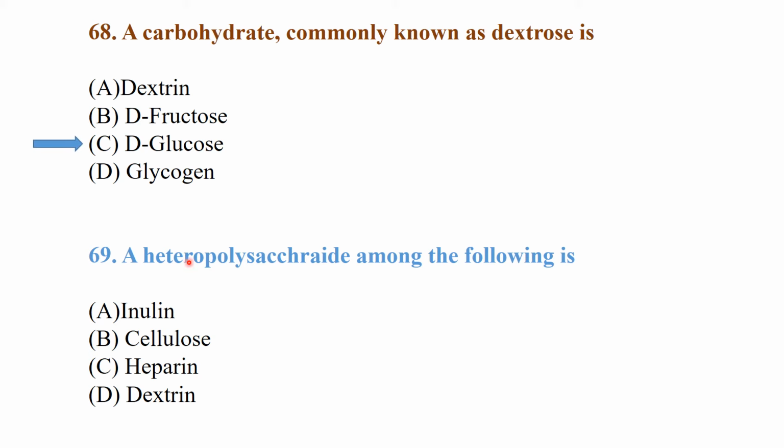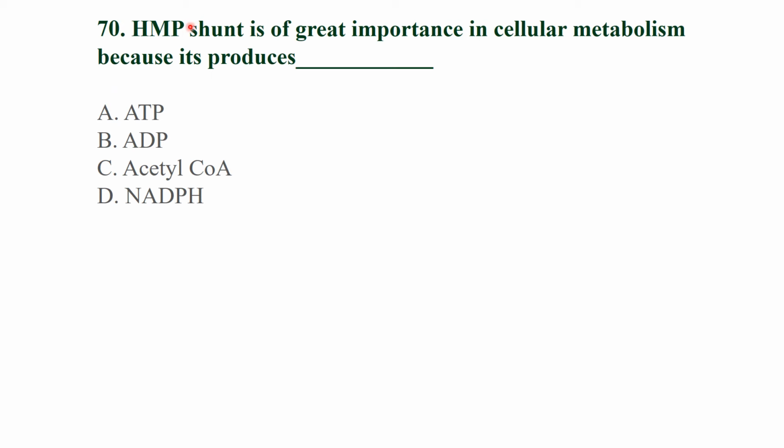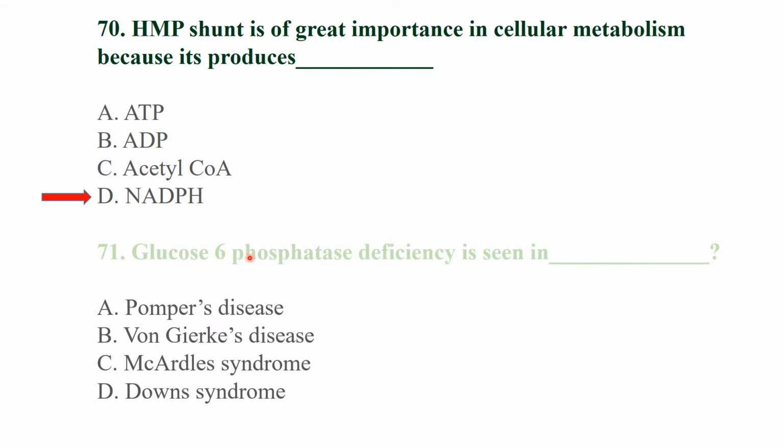A heteropolysaccharide among the following is heparin. Hexose monophosphate pathway shunt is of great importance in cellular metabolism because it produces NADPH. Glucose 6-phosphatase deficiency is seen in von Gierke's disease.